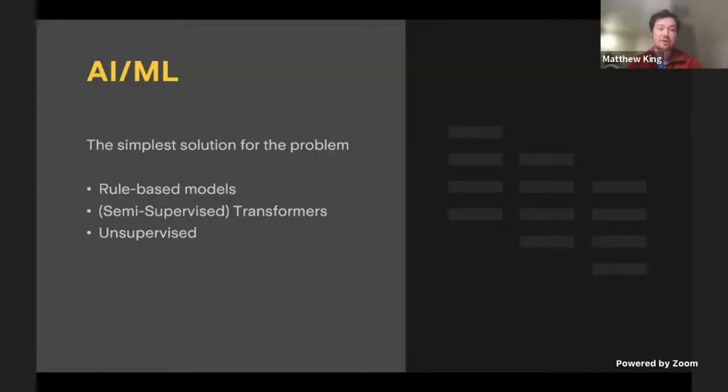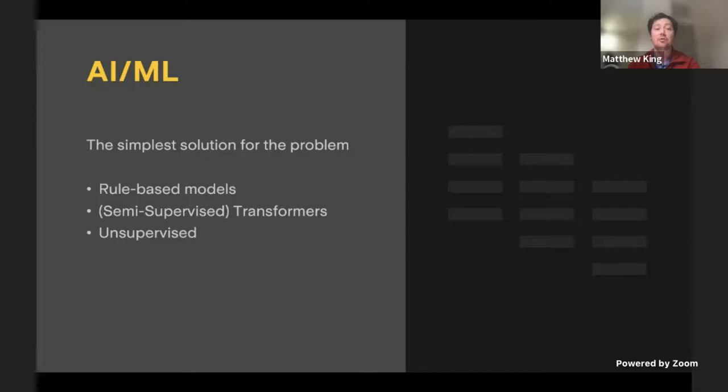And I use the two terms interchangeably in this. I don't think there is a lot of time to go into all of the details, but there's a spectrum that people talk about in artificial intelligence that goes from the very simple to the very complex. And our experience has been that it's not always the very complex that offers the best solution for the problem.